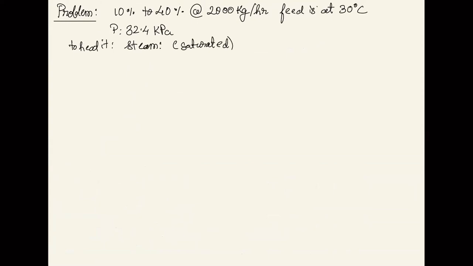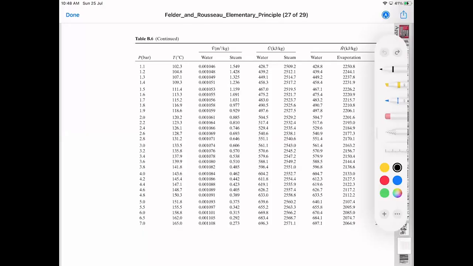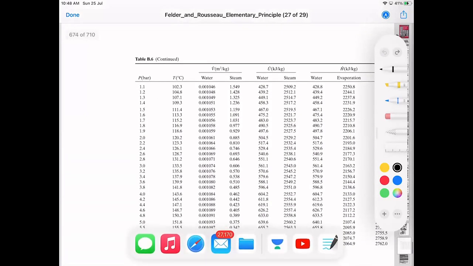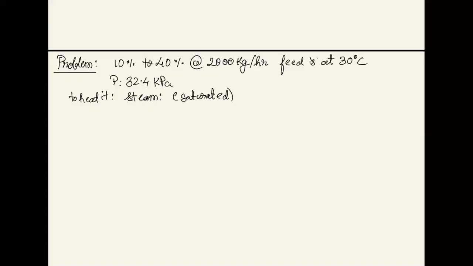And now let me just go back to the chart and let's take this value. All right. So to heat it, I am now using steam at 1.7 bar. All right. Now what I want you to calculate is, I have tubes.